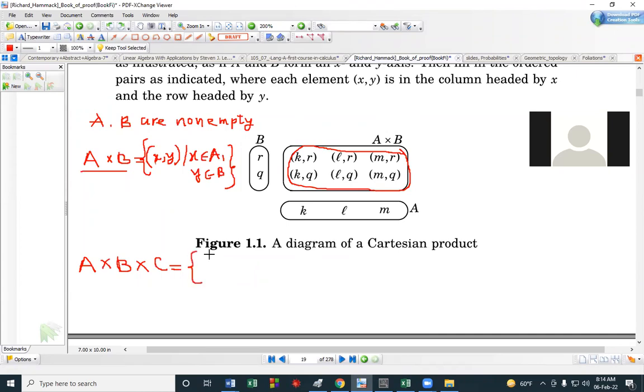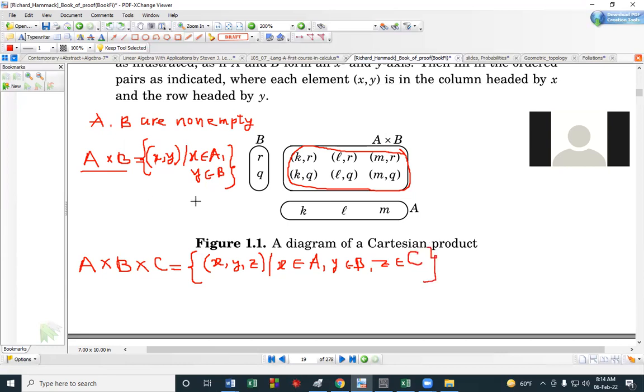The set of all X, Y, Z such that X is an element of the set A, Y is an element of the set B, and Z is an element of the set C.